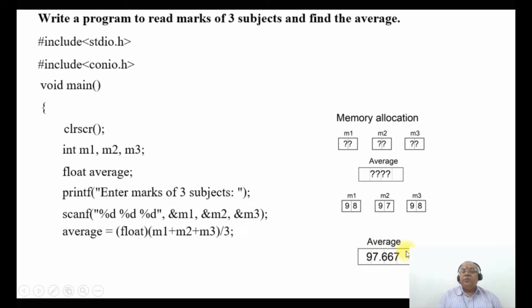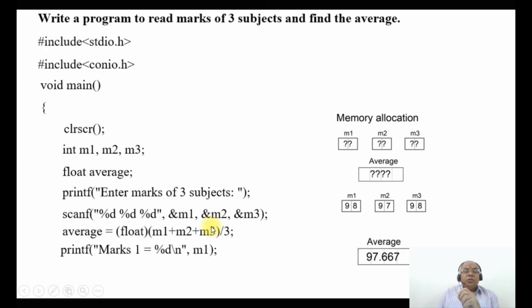It truncates the 0.667. Even though the average is a float, you will naturally get 97.000 instead of 97.667, because integer by integer always gives an integer value, and it is then given as 97.000.